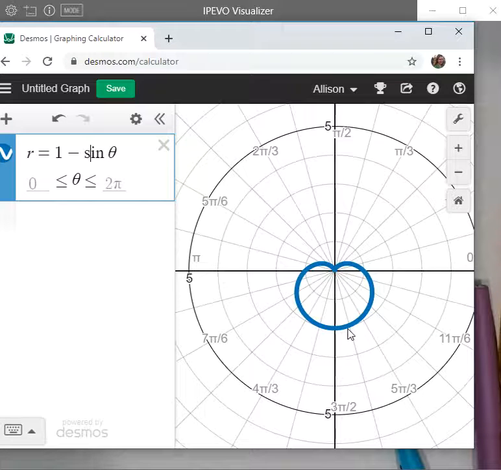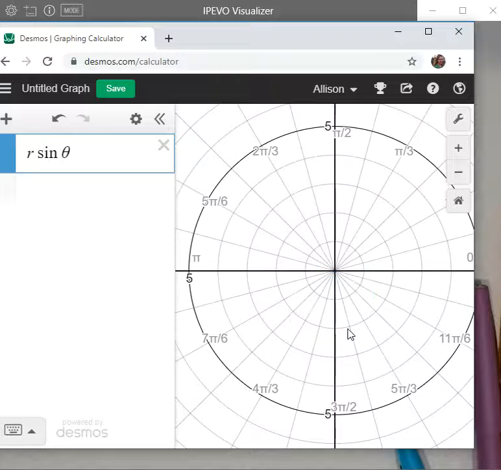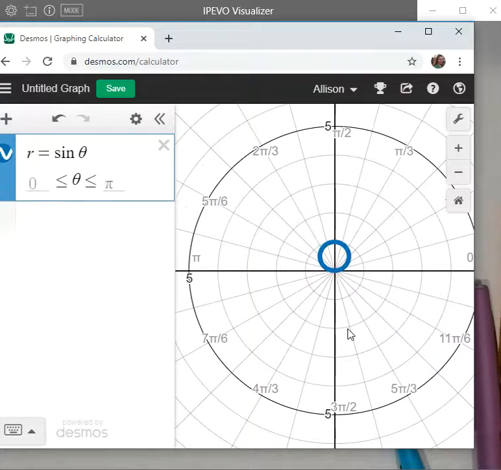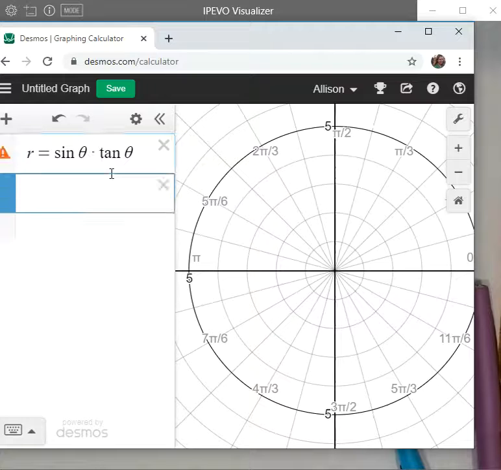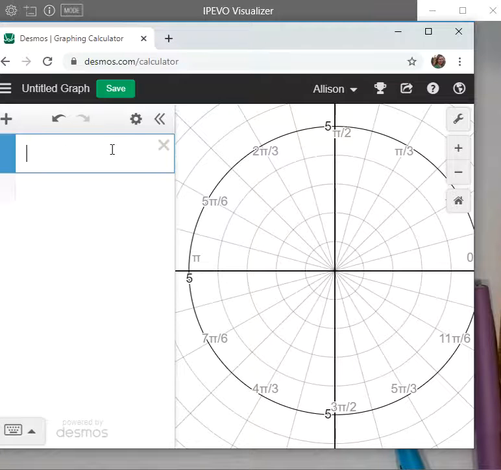The cissoid is of the form r equals sine theta times tangent theta. Do I need to type in the times? I wonder if I didn't like it, so I'm going to just stop it and try it again.